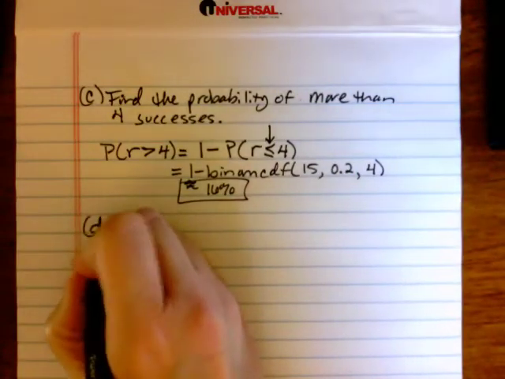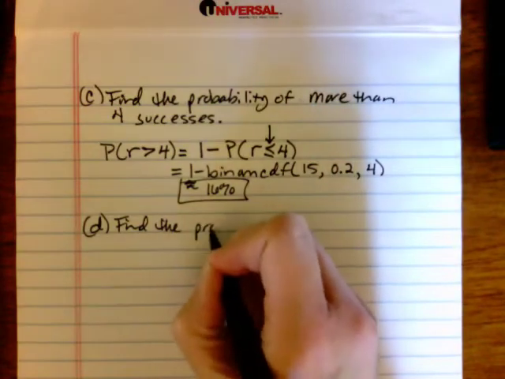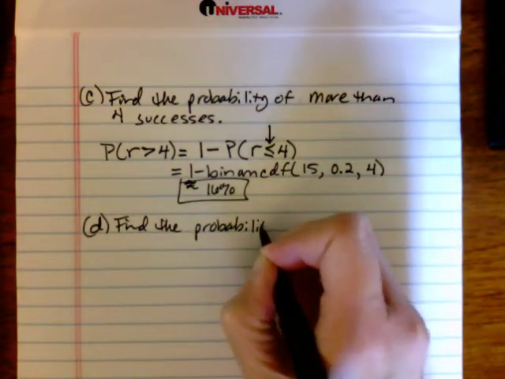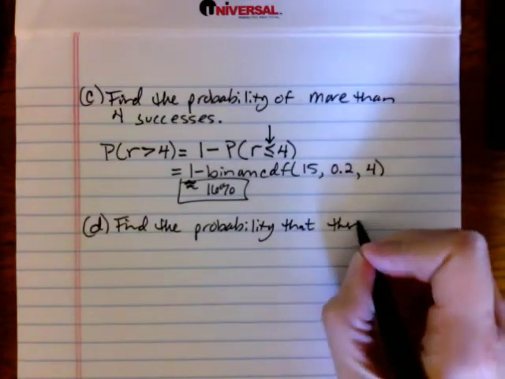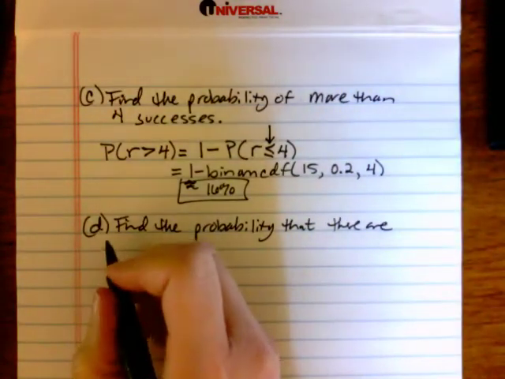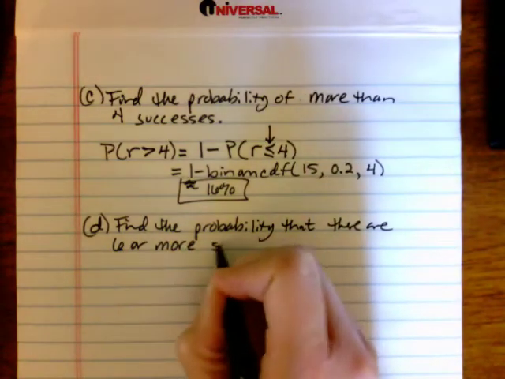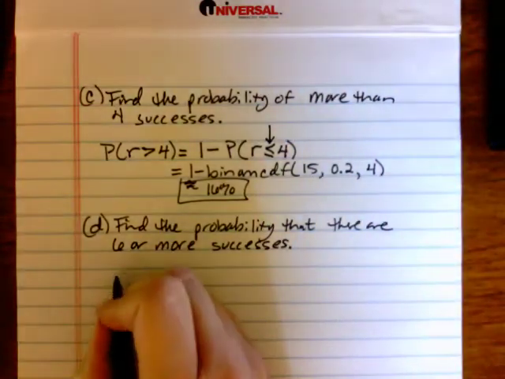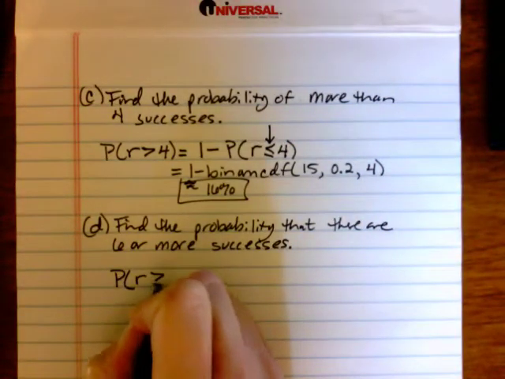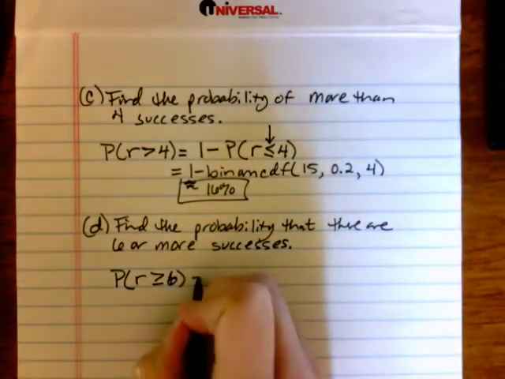And then our very last case that we could have is if we wanted to find, say, the probability that there are 6 or more successes. So since it says 6 or more, we're looking at a greater than or equal to 6.